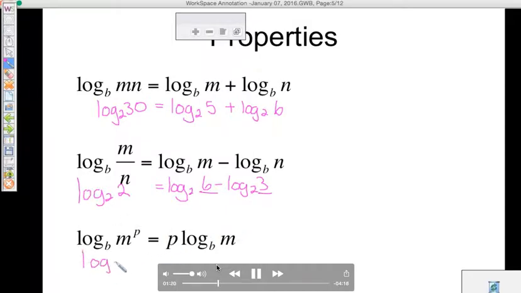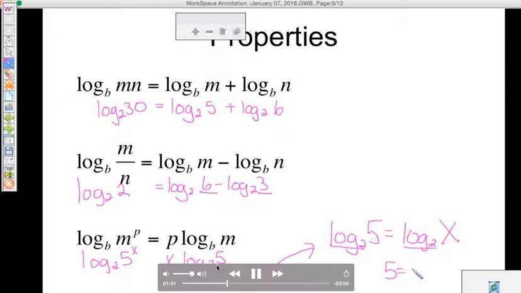So log base 2 of 5 to the x power, that x can come out in front, and we have x log base 2 of 5. And then this last one, all it's saying is if we have a single log on each side, the bases are the same, well then 5 has to equal x.